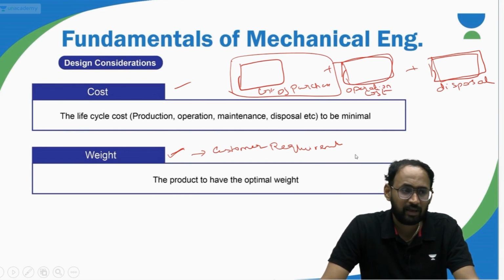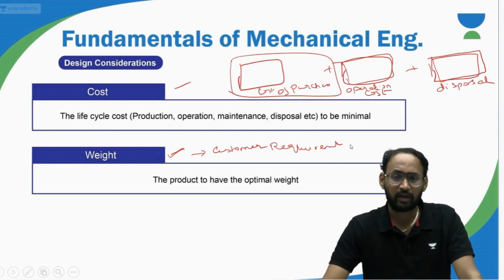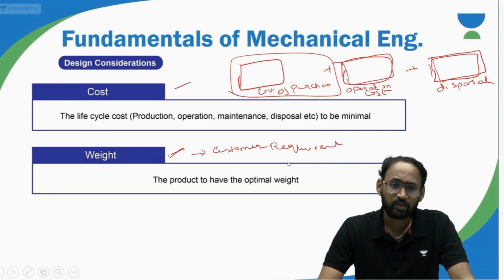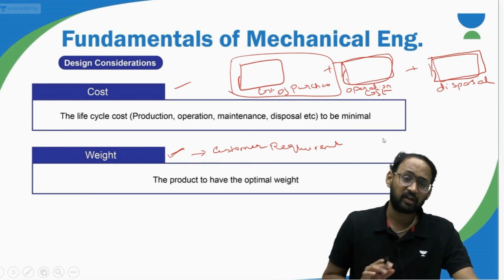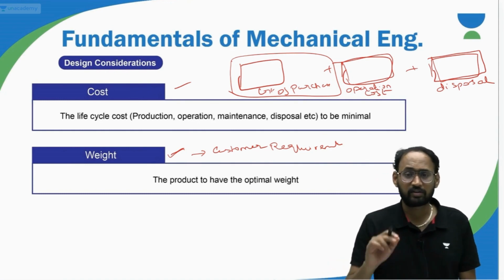For example, when we talk about the aerospace industry, and the automotive industry also, the weight is very crucial, because in the aerospace domain, the fuel efficiency would consider the weight as a critical parameter, because the more you load it, the less fuel efficient it's going to be.